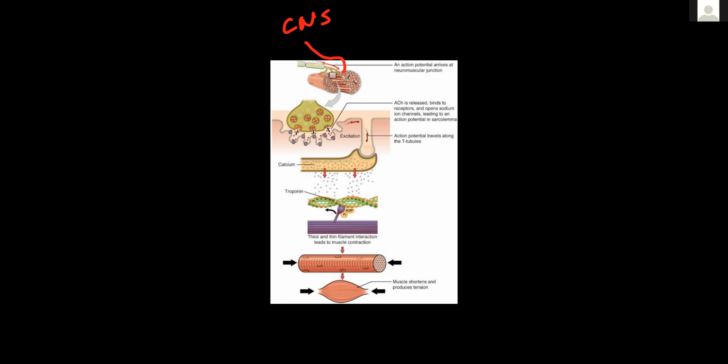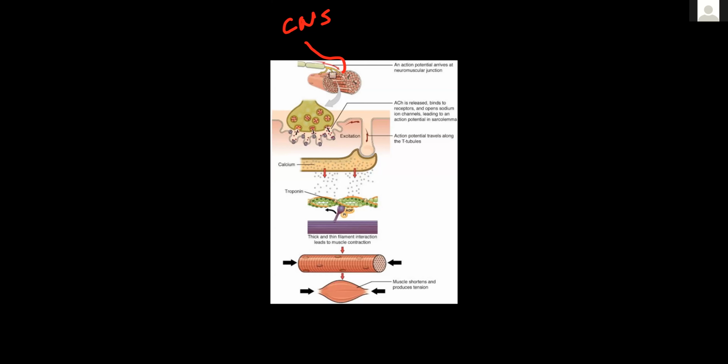Which protein having TnC subunit? Correct. TnC subunit of troponin on thin filaments. That is the one which will receive it.